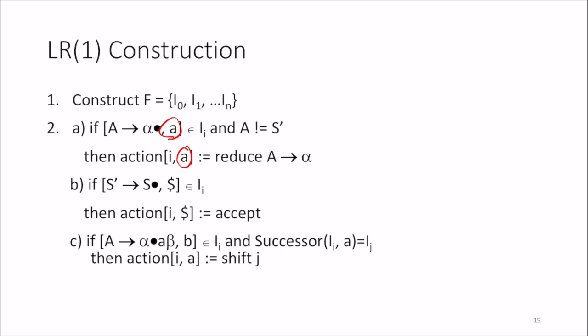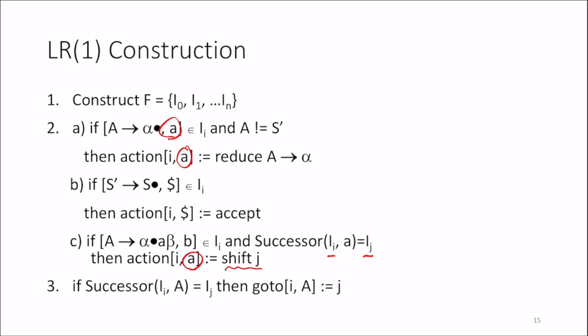If I have a dot before a terminal, then the action on that symbol, this symbol A, is going to be shift. Right? To shift, if the successor of this item set I is equal to this item set J, then the action is to shift or push J onto the stack in preparation for a reduce action later.